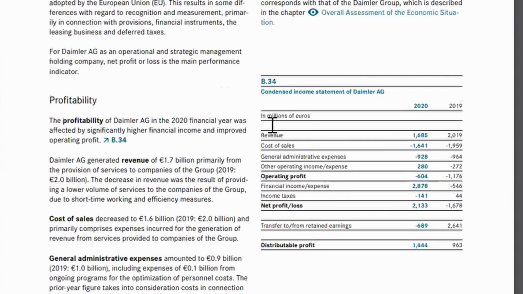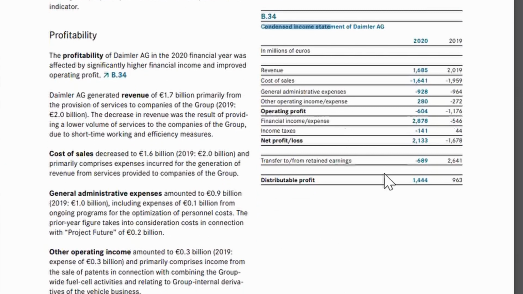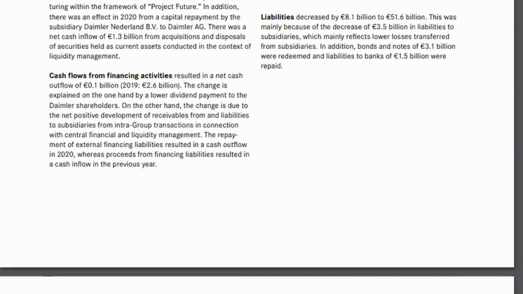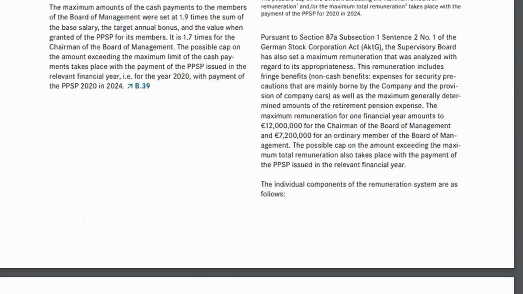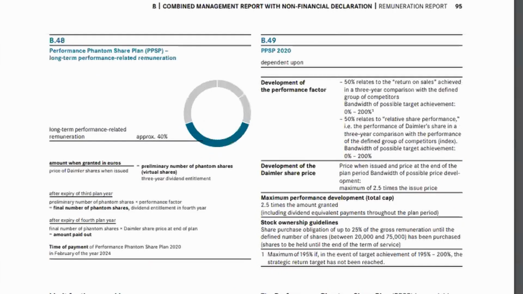Okay, and as you might see, in financial statements, the income statement and the balance sheet are very small. You don't need to give a lot of content to the investors.